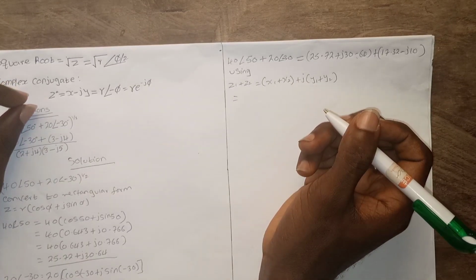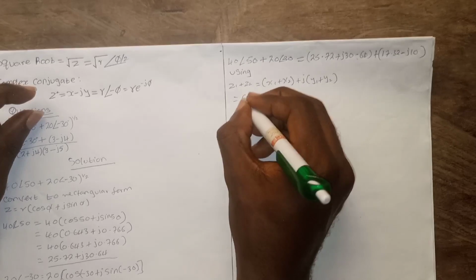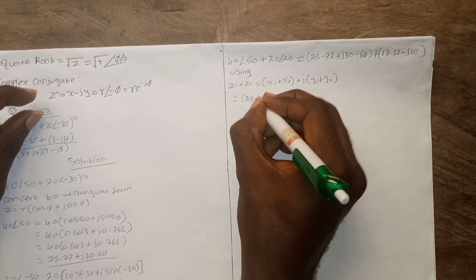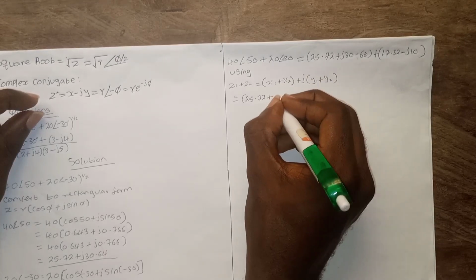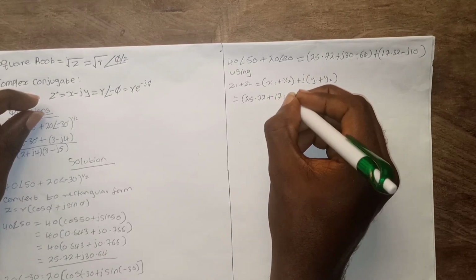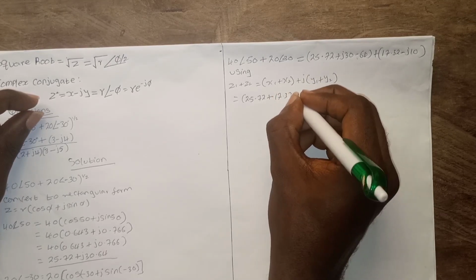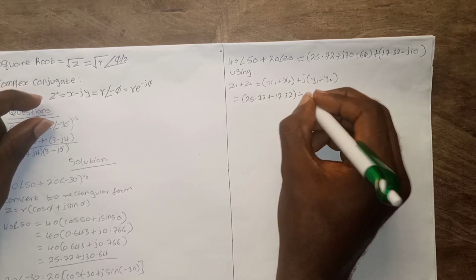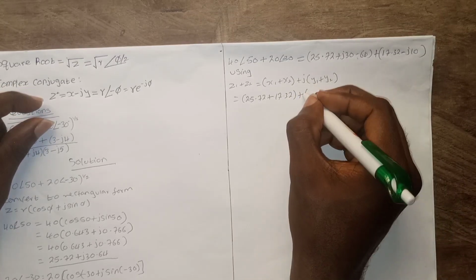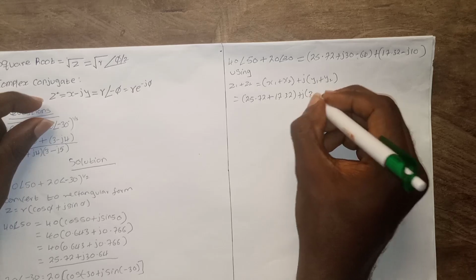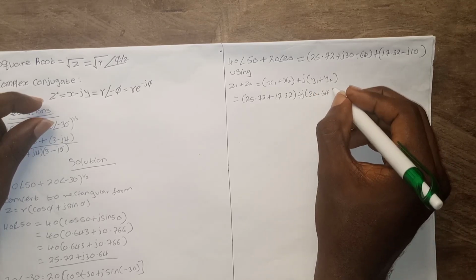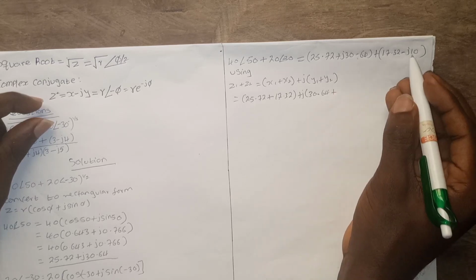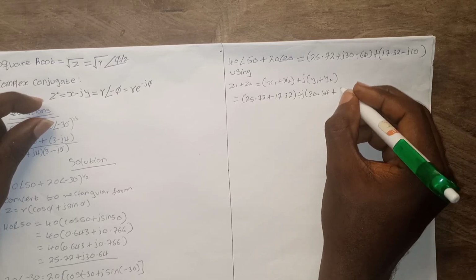So it will be 25.72 plus this one, 17.32, plus this one, j, that is 30.64, plus this one, that is minus 10.